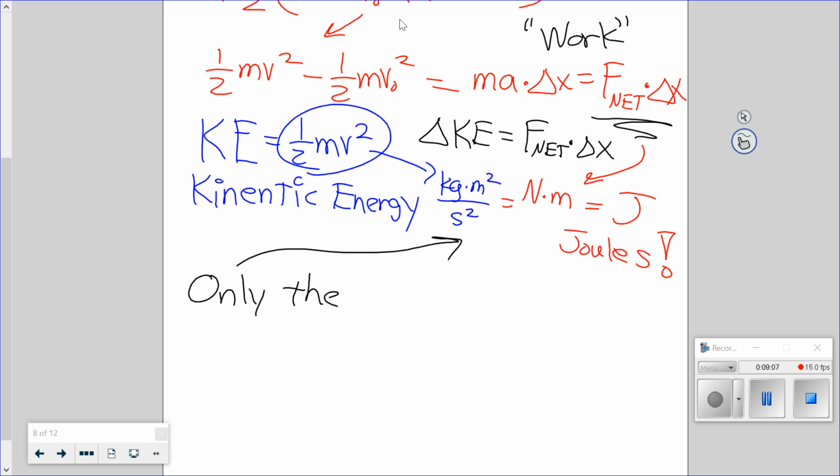If you have displacement in the x direction only, no work got done in the y direction. Only the true net force and actual displacement count.